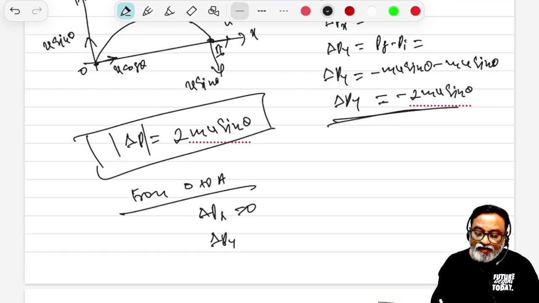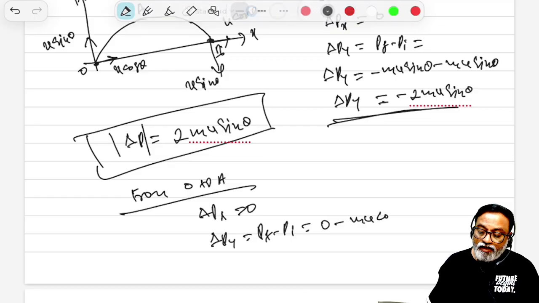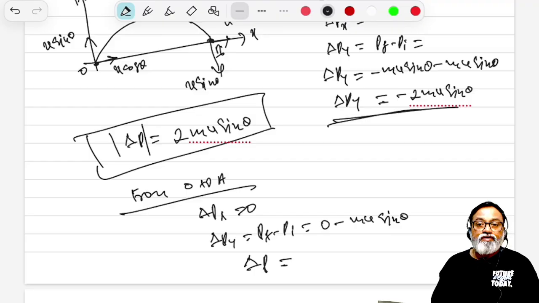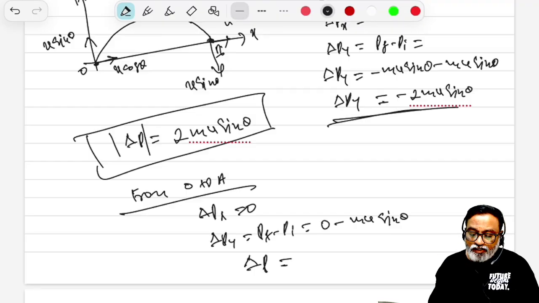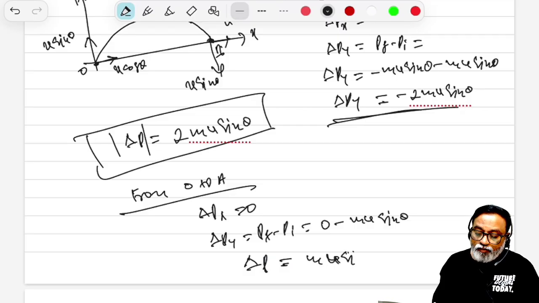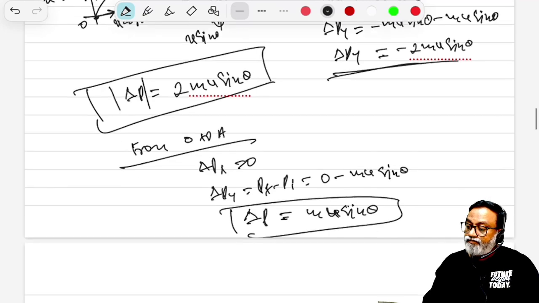But delta py, p final minus p initial, final is equal to 0, initial mu sin theta. Therefore, delta p from point of projection to highest point, change in momentum is mu sin theta.